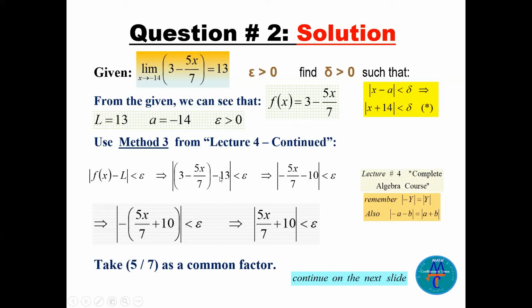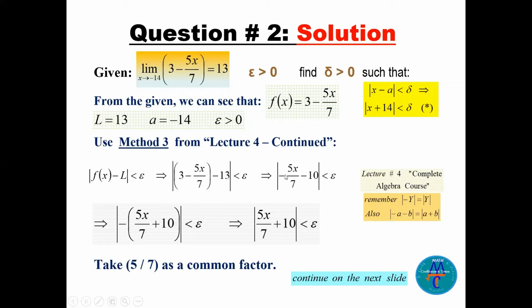Simplify this: 3 minus 13 is minus 10. And we leave this minus 5x over 7. Now remember, the absolute value of y is the same as the absolute value of minus y. This is from algebra course, lecture number 4. So we can just take a minus as a common factor inside the absolute value.